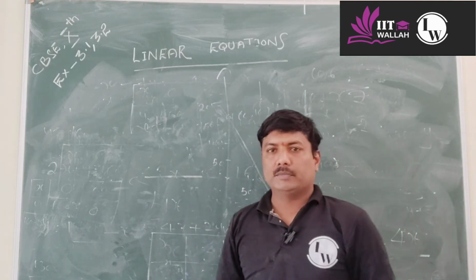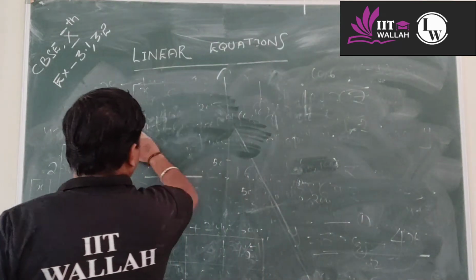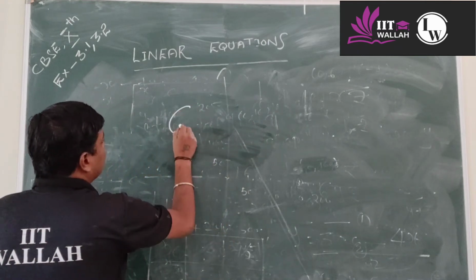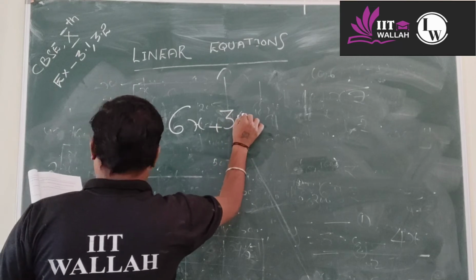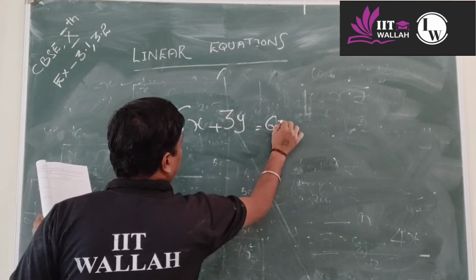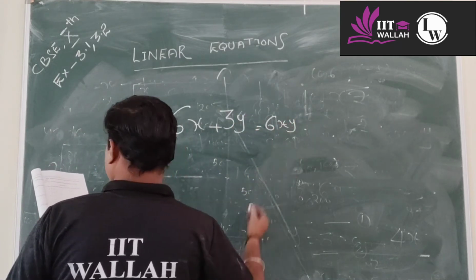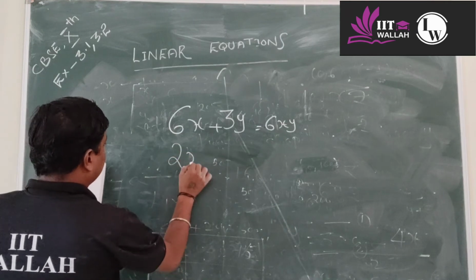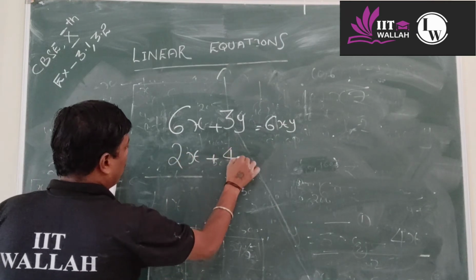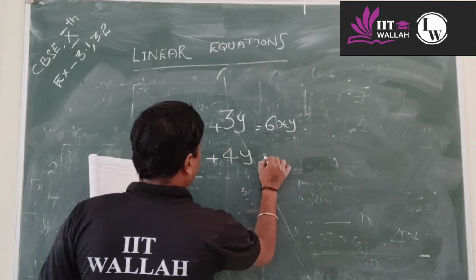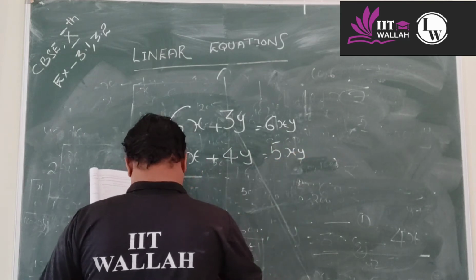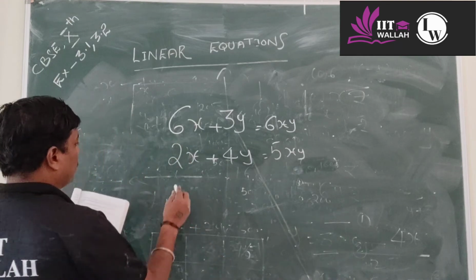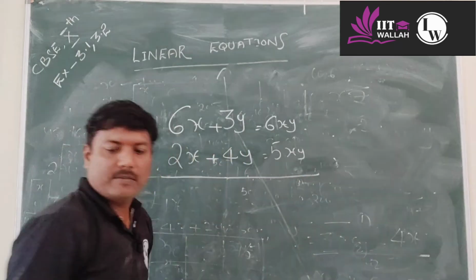Okay. It is given that 6x plus 3y is equal to 6xy and 2x plus 4y is equal to 5xy. It is given like this.